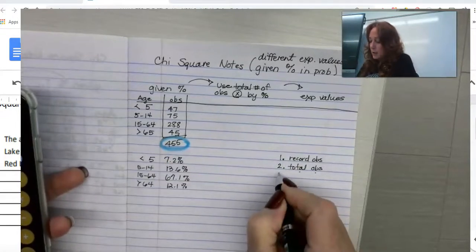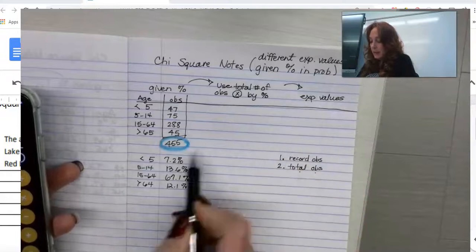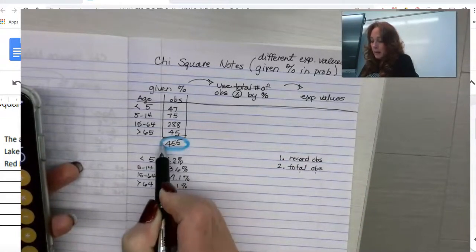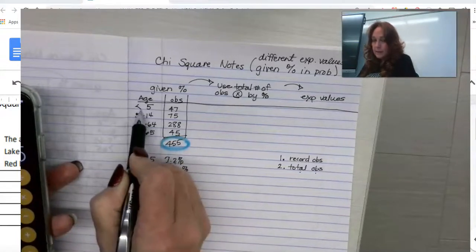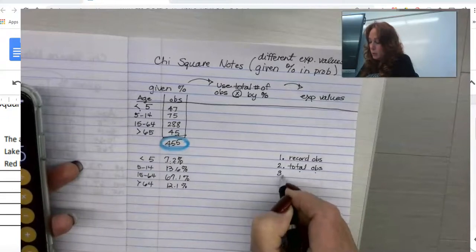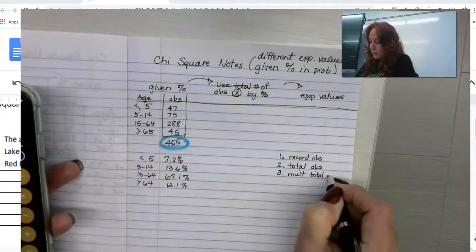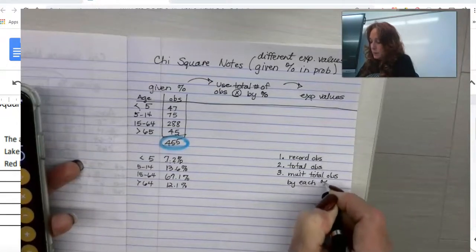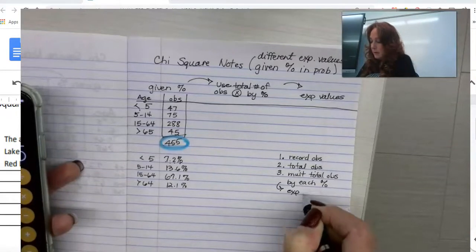So the next thing you're going to do is say, okay, I would expect that 7.2% of my total observed would be less than 5. So you're going to multiply your total observed by each percent, and that's going to give you your expected values.